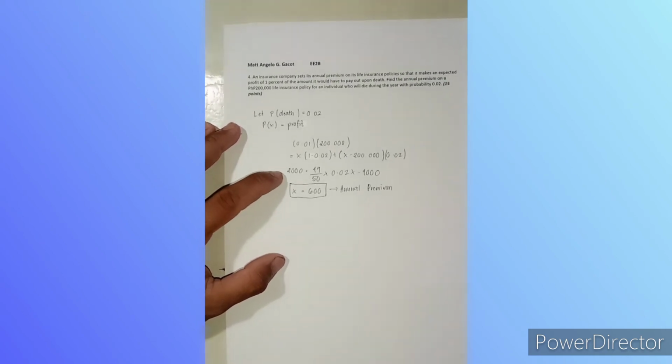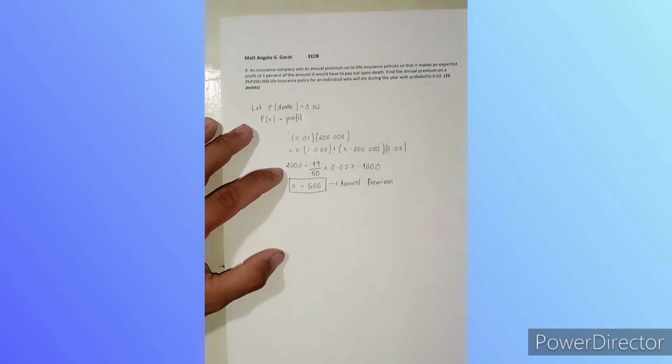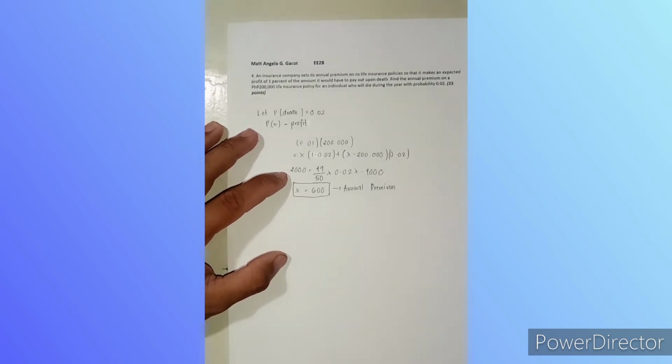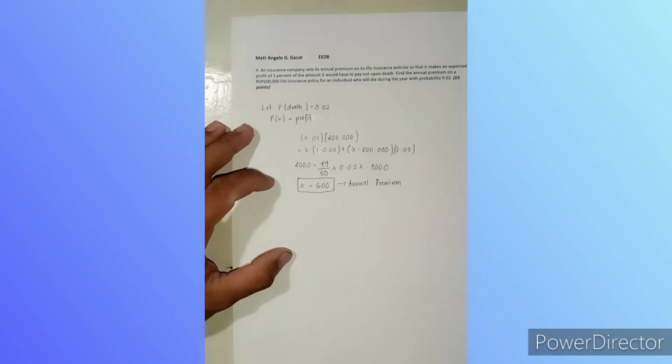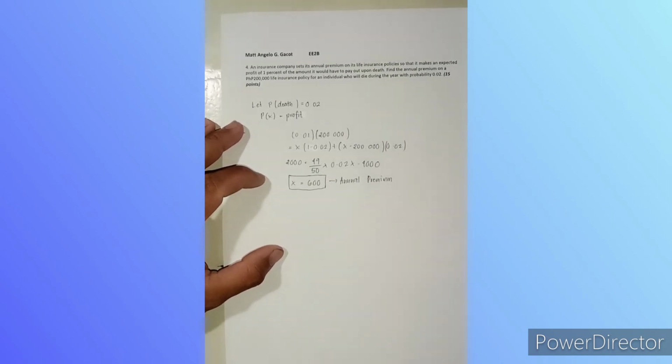So 2000 is equal to 49 over 50 times 0.02 times the premium times negative 4,000. So the premium is equal to 600, which is our final premium.